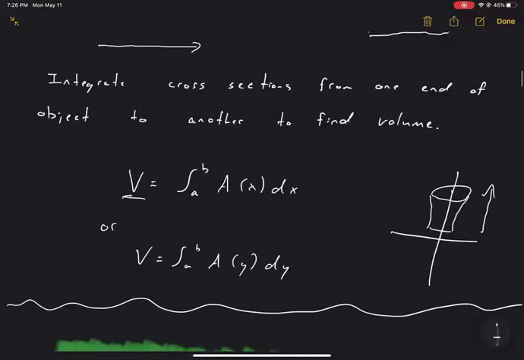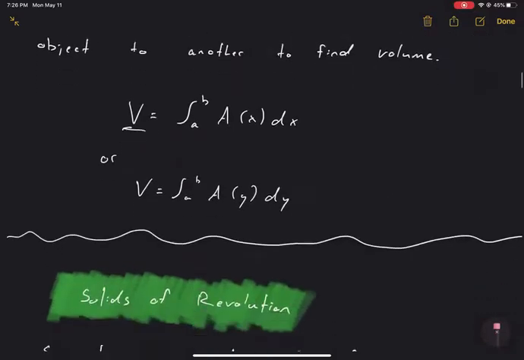But if I was integrating along a vertical line, I would want to do everything in terms of y. So my integral would look like that. I would integrate my area function A(y) in terms of y. We'll cover that in more detail by the end of the video.